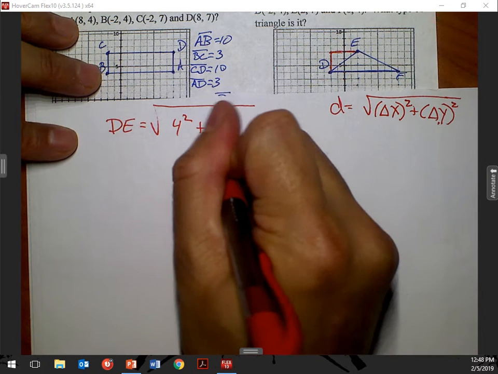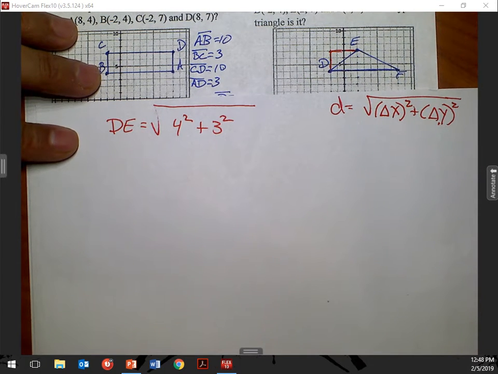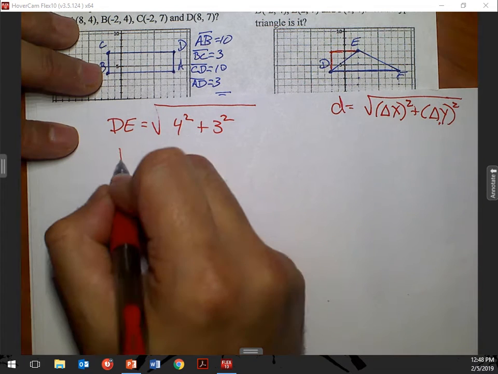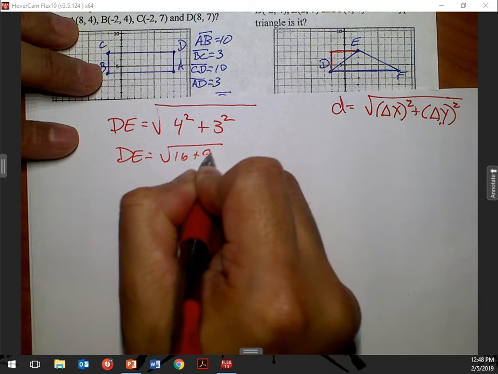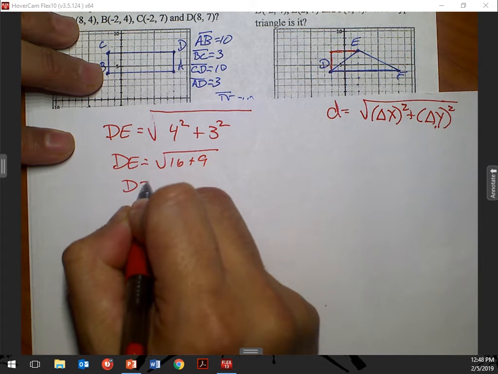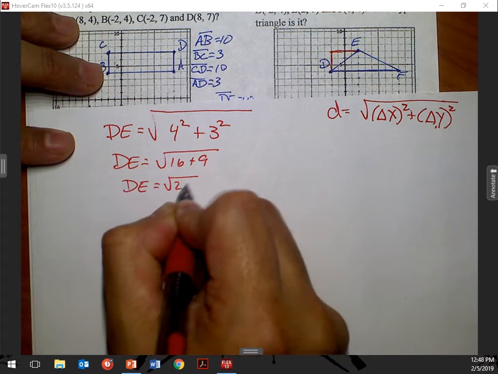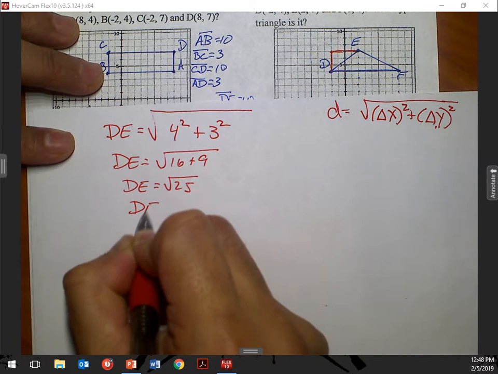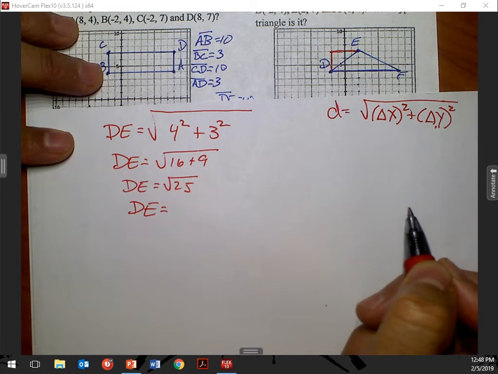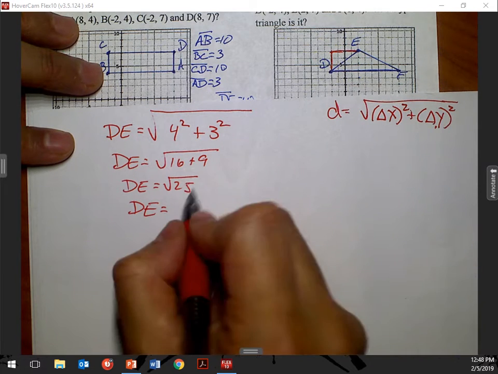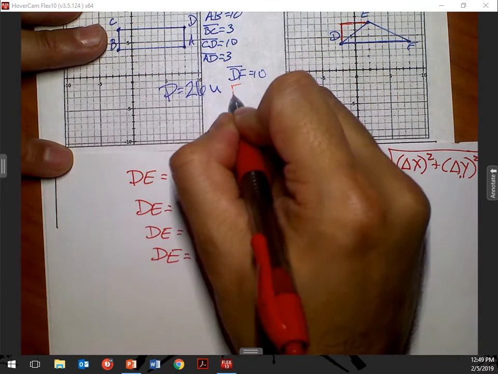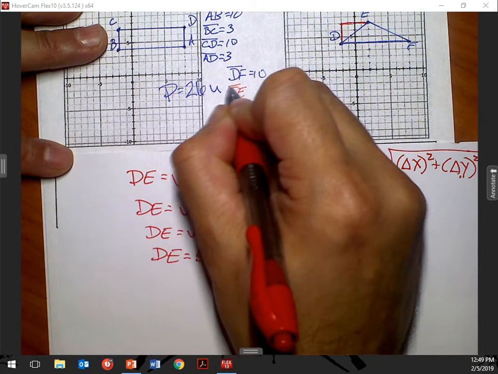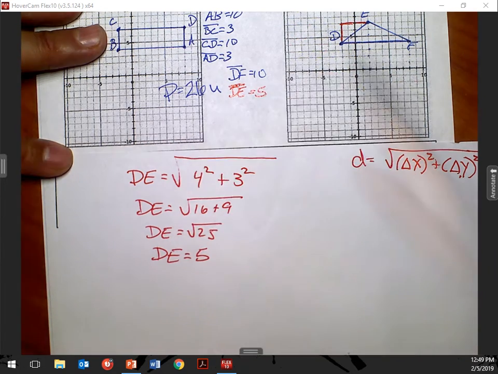Very good. 3 squared. So DE is equal to the square root of 16 plus 9, the square root of 25. DE is 5. So DE equals 5.